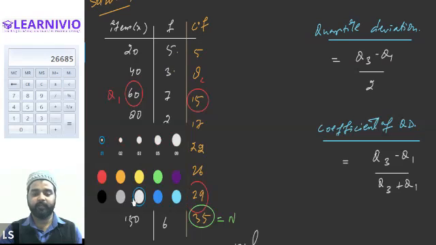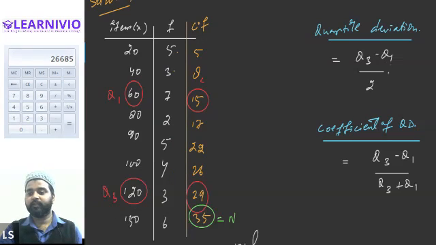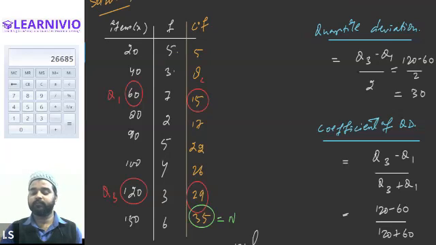So we have got Q3 as 120 and Q1 as 60. Now place this in the formula. Sorry, what I've done: 120 minus 60, divided by 2. 120 minus 60 is 60, and 60 divided by 2 is 30. And for the coefficient, we write 120 minus 60 over 120 plus 60.